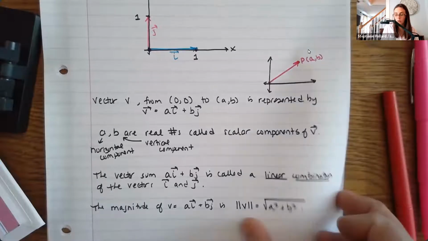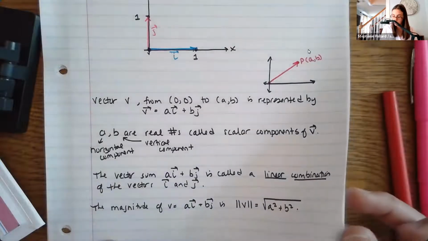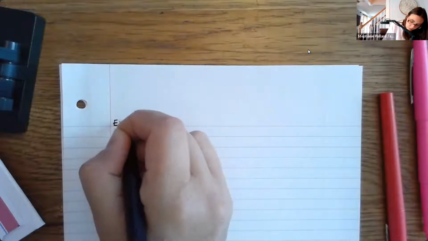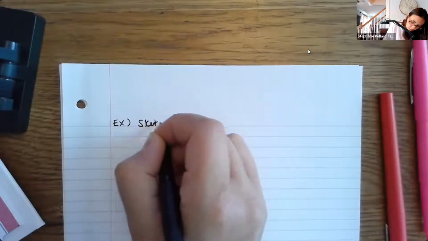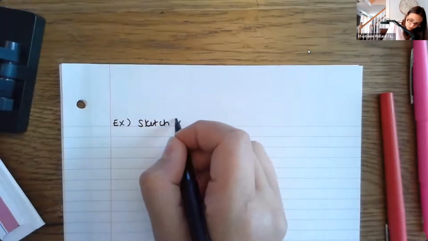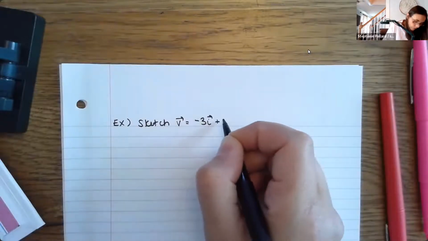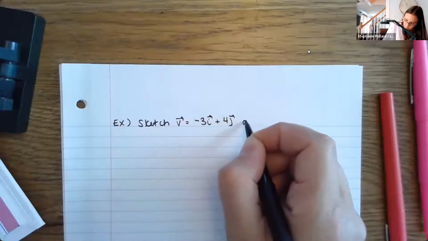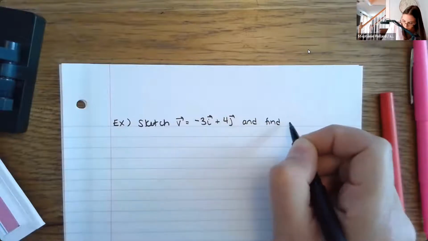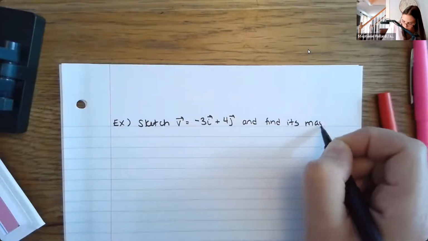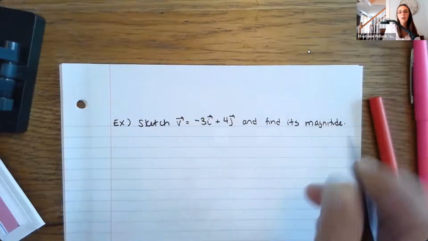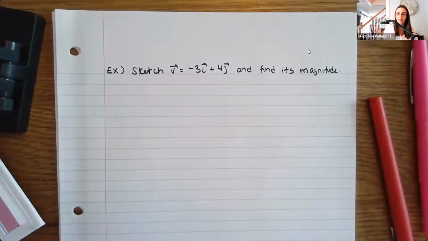Let's do a little bit of work with this so you can actually see some examples as well. So we're going to sketch this vector and we're also going to find its magnitude.